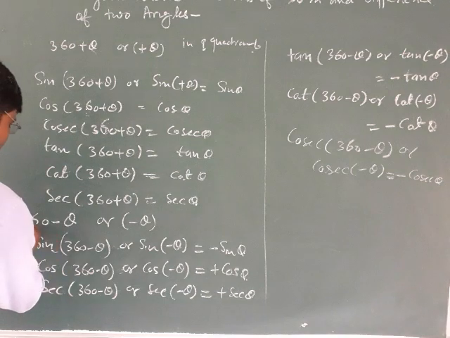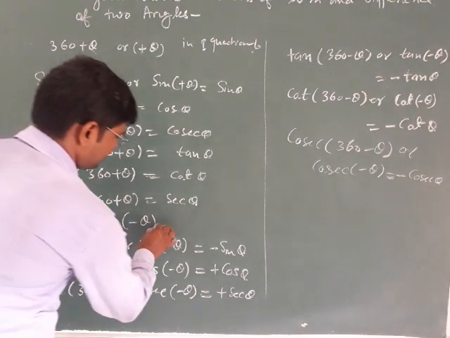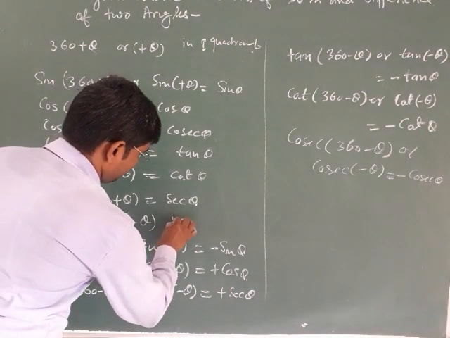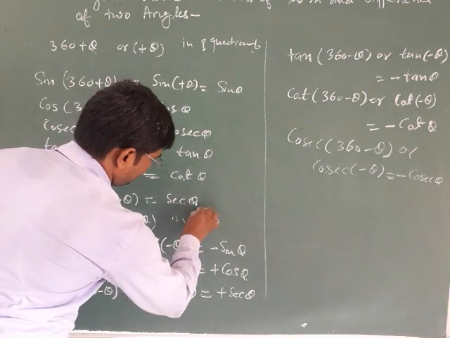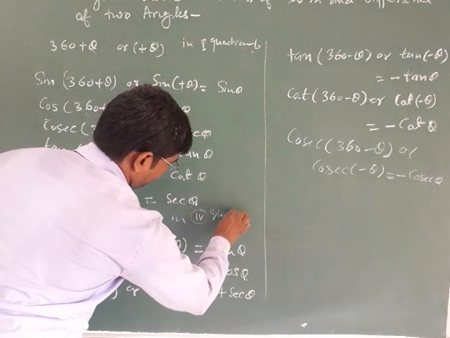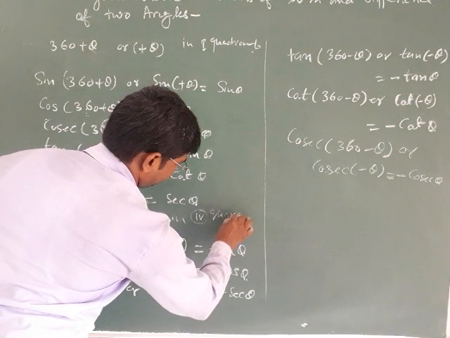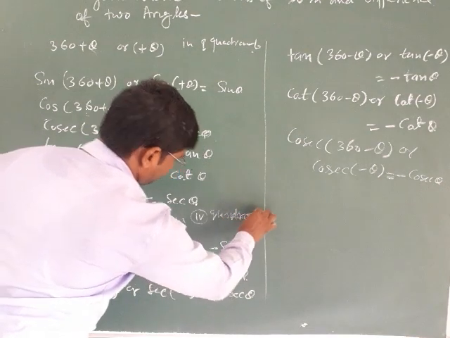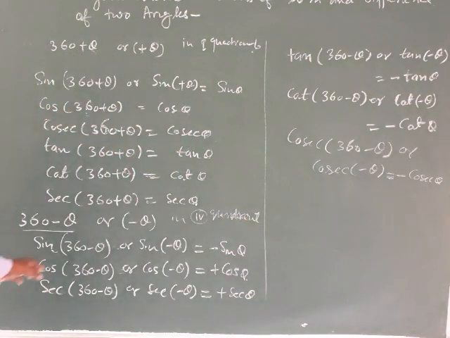So 360 minus theta, or minus theta, lies in the fourth quadrant. In the fourth quadrant, cos and sec values are positive and the remaining trigonometric ratios are negative.